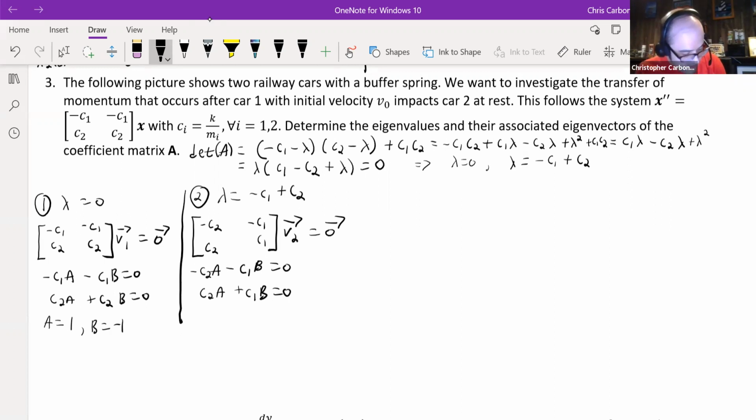So the only way that these two are both satisfied is if the values of A and B correspond to each of these specific values. So if A was in this case c sub 1 and B was negative c sub 2, whatever those happen to be.